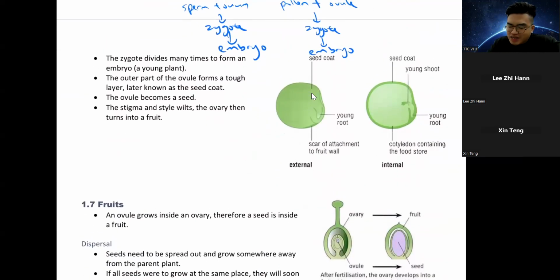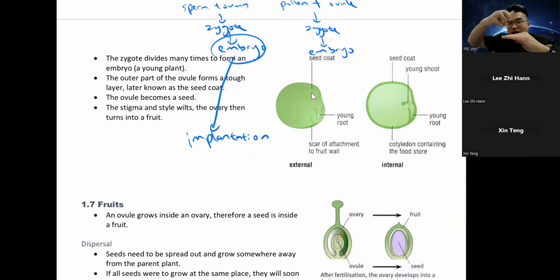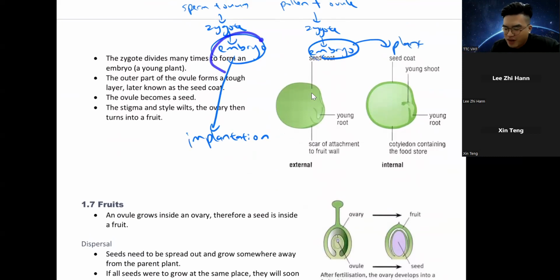Okay, so what's next? You see, embryo will do implantation. That means embryo will plant into the soil. Same thing here. The embryo here need to plant inside the soil so that they can grow. You plant a seed before it grows. So you also plant an embryo before it turns into a human.